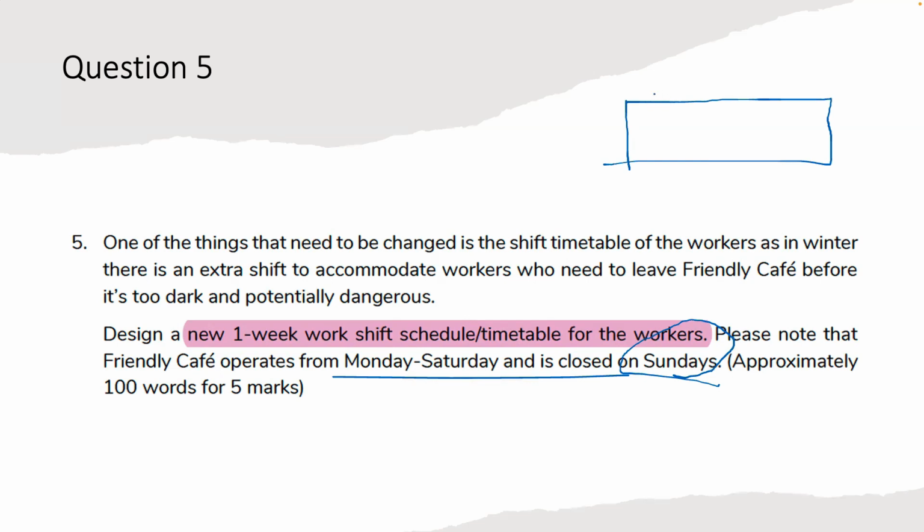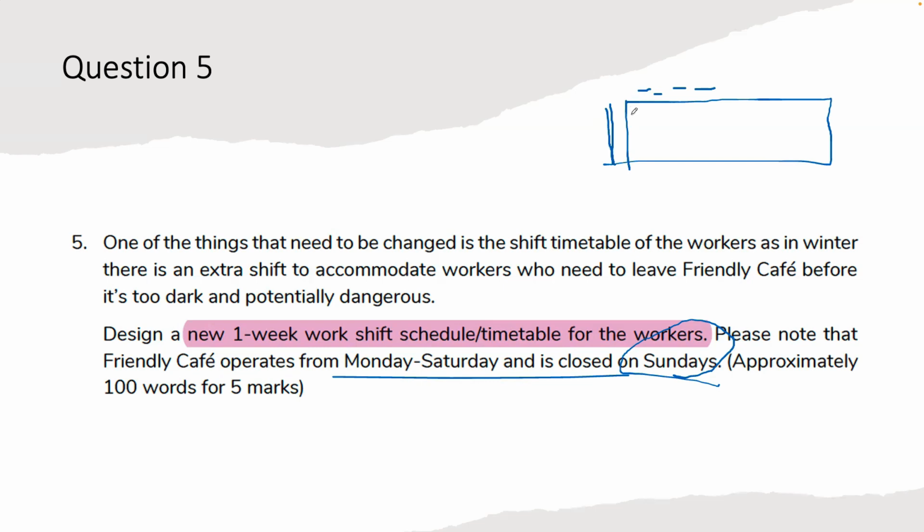So you'll have Monday, Tuesday, Wednesday running across like that, and then the people's names down there.